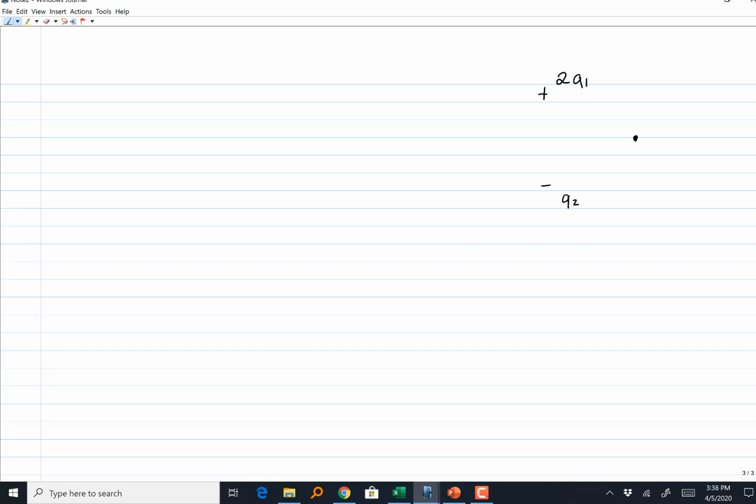All right, so all I'm doing here is I've got a positive charge that I'm doubling, but all of the distances are going to stay the same, right? So my R value for each of these is still going to be the same. The angles are still going to be the same.